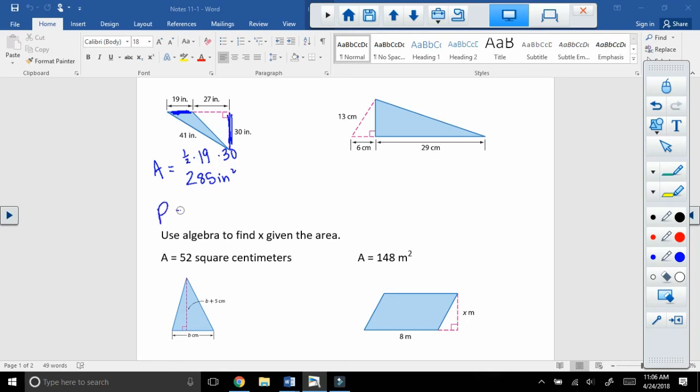The perimeter, do you have everything you need for perimeter? Yeah. The perimeter of the shaded triangle. Okay? We need to use the Pythagorean theorem to find the length of this side. So set this up as 27 squared plus 30 squared equals x squared.